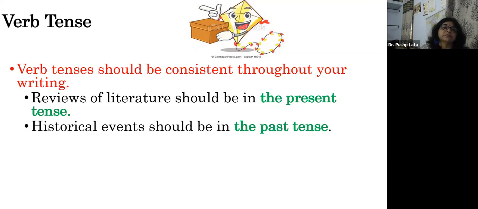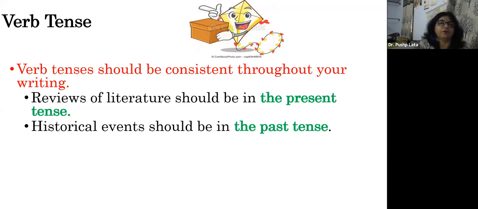But in case you are talking about historical events, let's say, language movements that happened. I say that Maithili language movement happened in 1956. So it has to be happened. It has to be in the past tense. It cannot be in the present tense. So historical events will be in the past tense, but rest of the literature review has to be in the present tense.